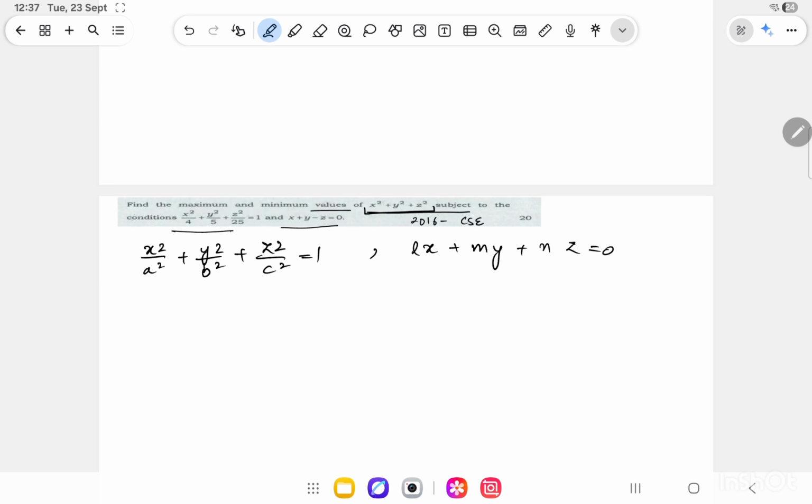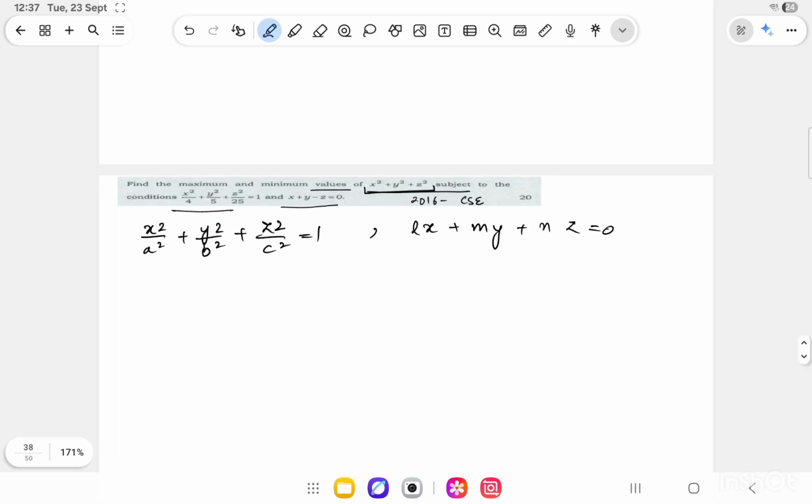Here they have just taken specific values of l, m, n and a, b and c. Since I have done its general case, I'll use that general case here to solve it for its maximum and minimum value.